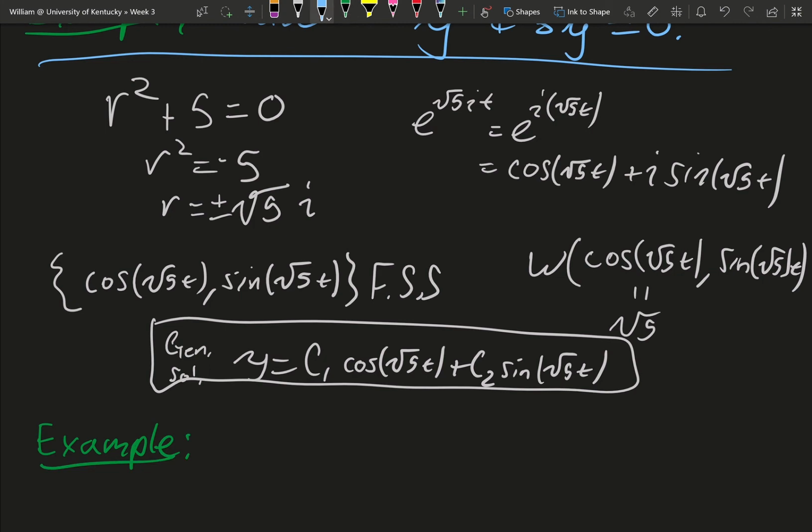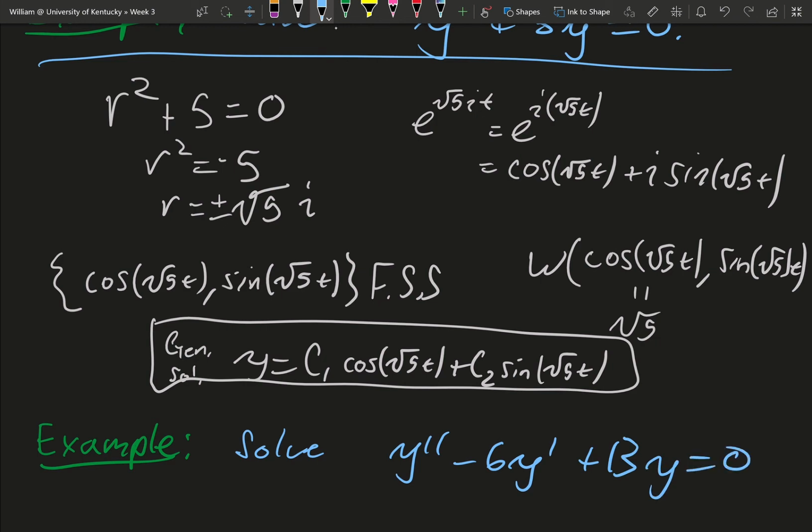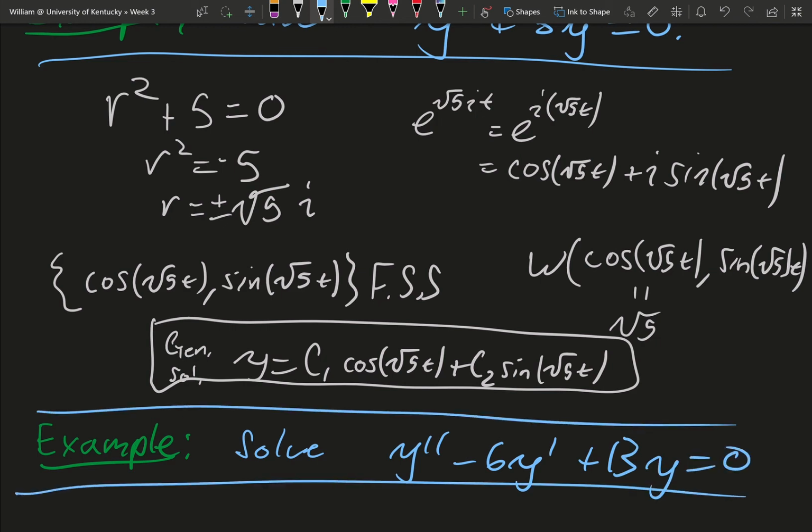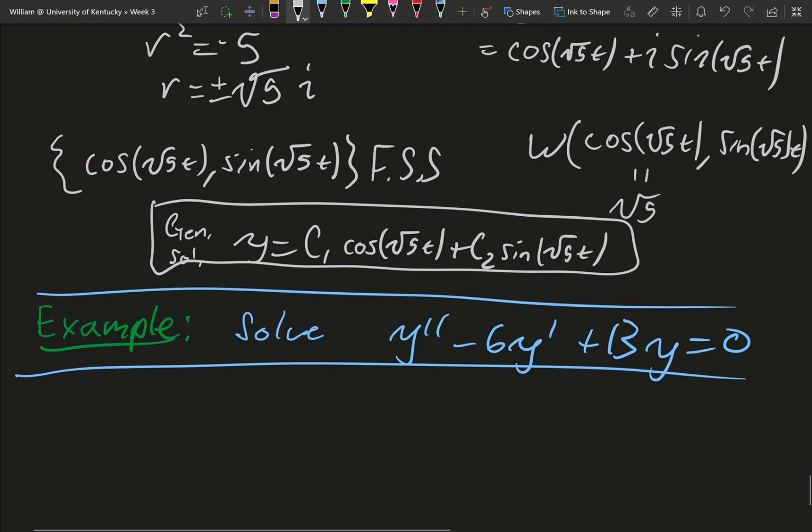Let's look at one more example. So solve y double prime minus 6y prime plus 13y equals 0. So r squared minus 6r plus 13 is the characteristic equation.